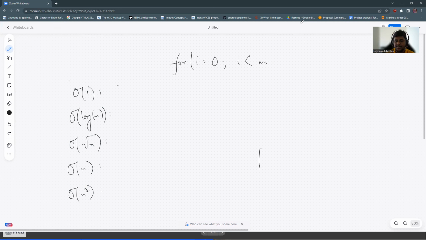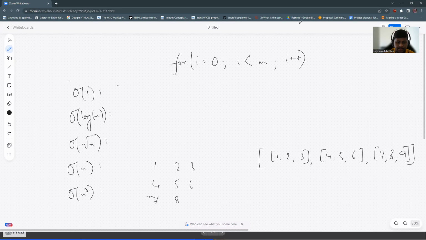Let's say I have a 2D list in this form: 1, 2, 3, 4, 5, 6, 7, 8, 9. If I represent this in matrix form, there are 3 rows, right? This part is the rows section, this part is the column section. So my i will take care of the rows and my j will take care of the columns.